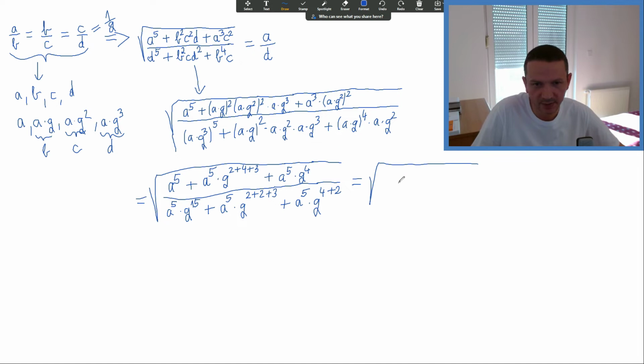So what we get is that we can put A to the power of 5 in front of the parenthesis, and we are getting 1 plus Q to the power of 9 plus Q to the power of 4, and in the denominator we are getting also A to the power of 5, so this cancels out, and we are getting Q to the power of 15 plus Q to the power of 2 plus 2 plus 3 is 7, plus Q to the power of 6.